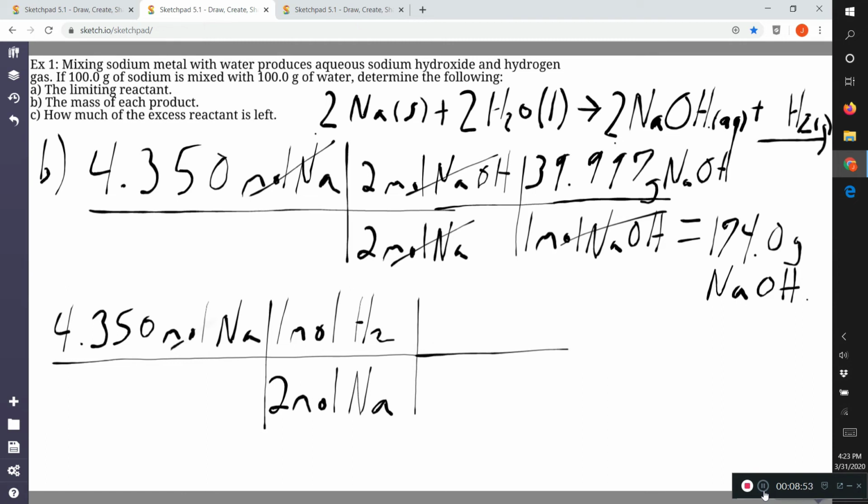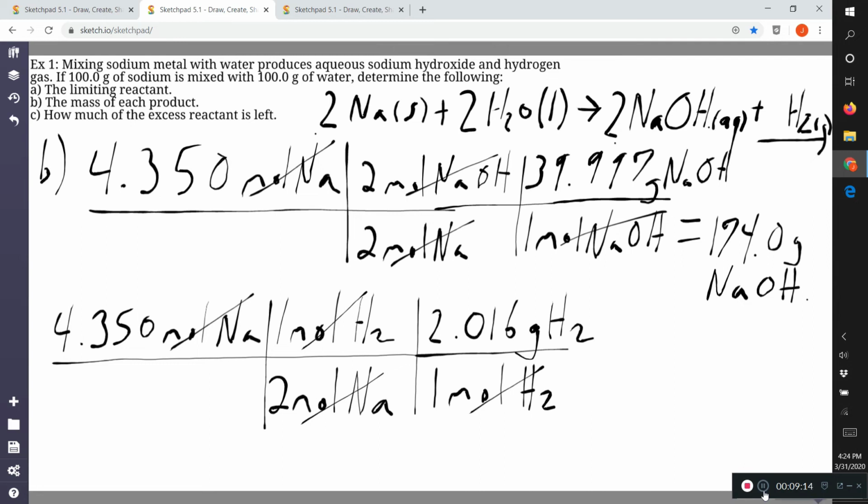Now, we don't want moles of H2, we want grams of H2. So we have to look on our periodic table and add up 2 H's, which is 1.008. So we are going to get that 1 mole of H2 is 2.016 grams of H2.